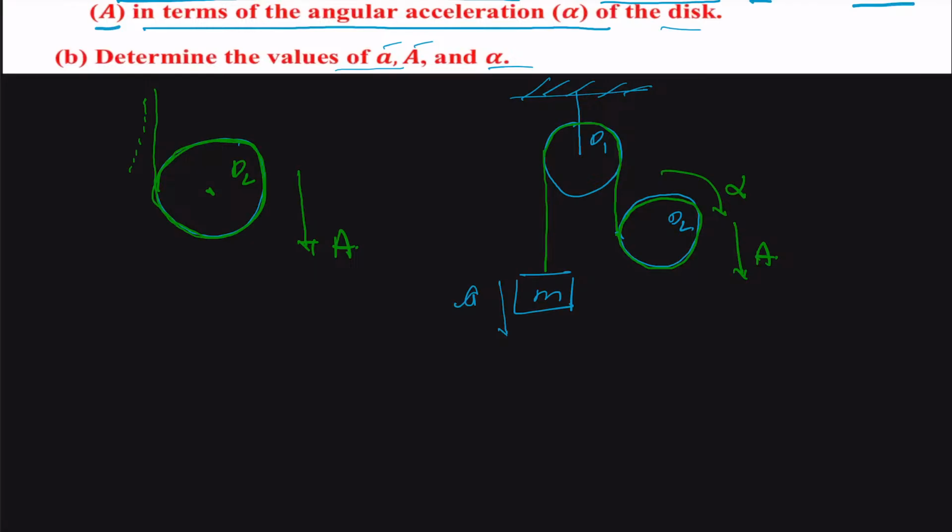So first of all we have to find the relationship between small a, capital A, and angular acceleration alpha. In terms of this pulley system, it is also called a constraint relationship. We can clearly see that as the acceleration A is in the downward direction, disc D2 is going to unwind itself and further move in the downward direction.